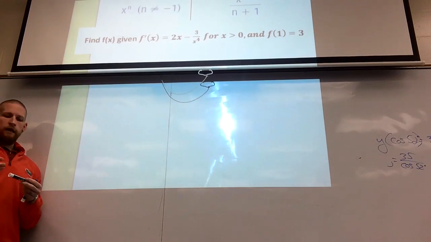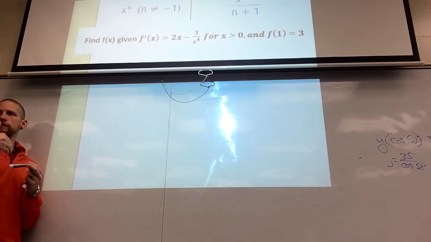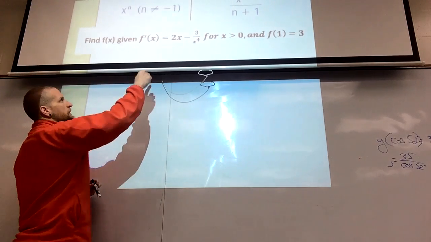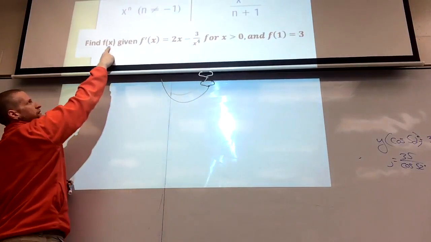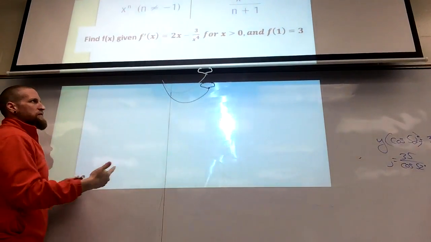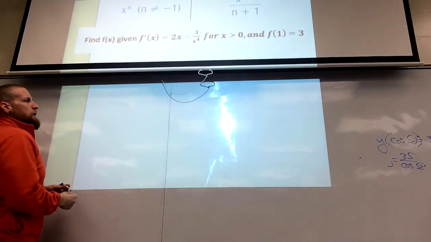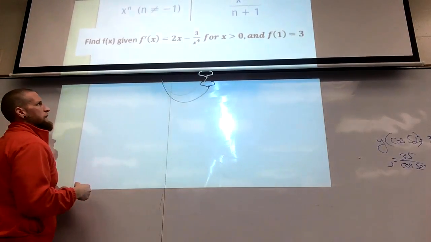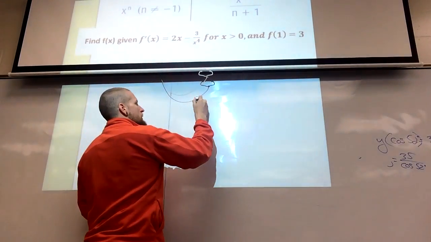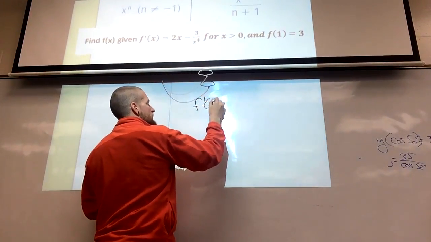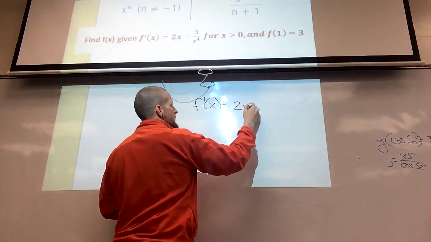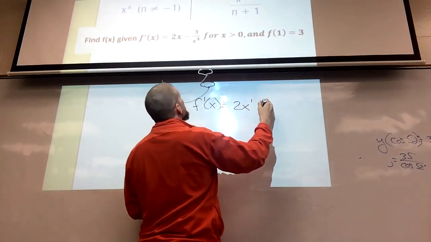But the way you start this wouldn't be any different than the way I just did those other ones. In this case, they want you to find the function. They tell you the derivative. So if you want to keep it with the notation we just had, this would be the little f of x, and you find the capital F of x, but it's the same kind of concept. So if you want to write it that way, that's fine. So they got 2x to the first.